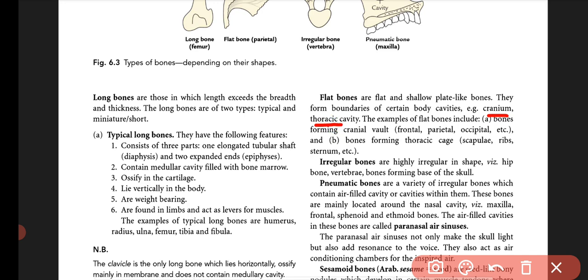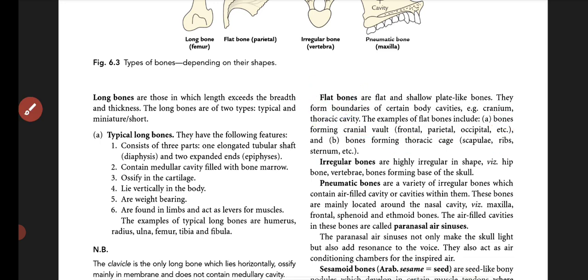Examples of flat bones are the bones forming the cranial vault, or cranium bones, which I already called the frontal, parietal, occipital, temporal, etc. The bones forming the thoracic cage, such as the scapula, ribs and sternum, are all under the category of flat bones.